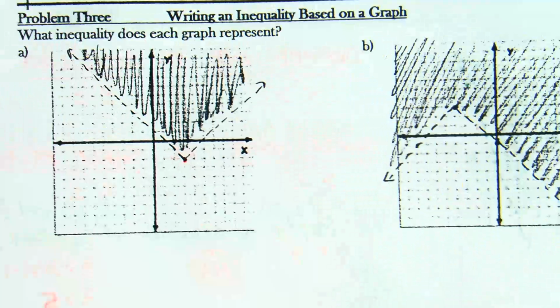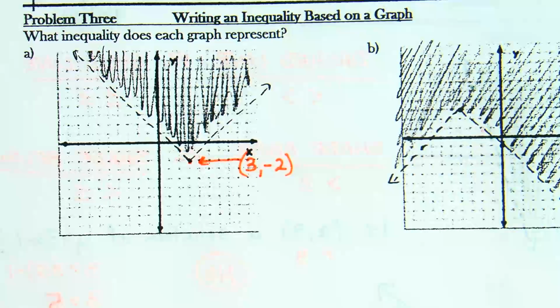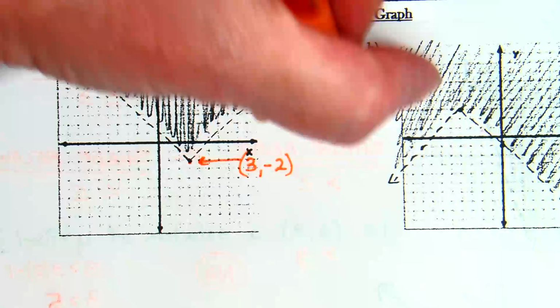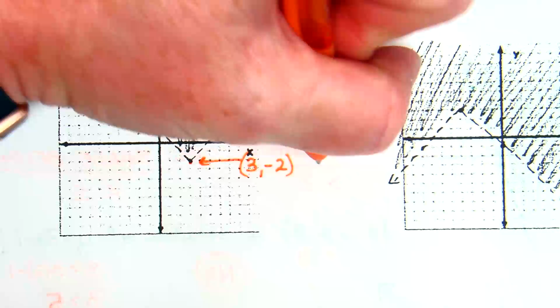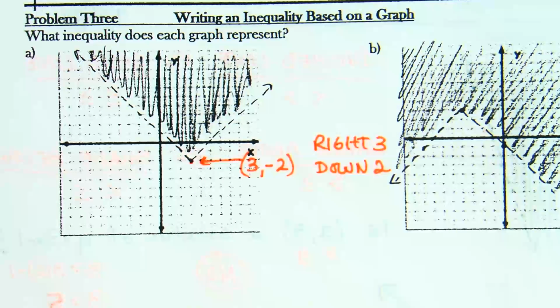That vertex is right 3, down 2, for 3, negative 2. That also tells me my graph moved to the right 3 and down 2. So that means in your absolute value bar, you're going to have negative 3, and then outside of it, you're going to have negative 2.